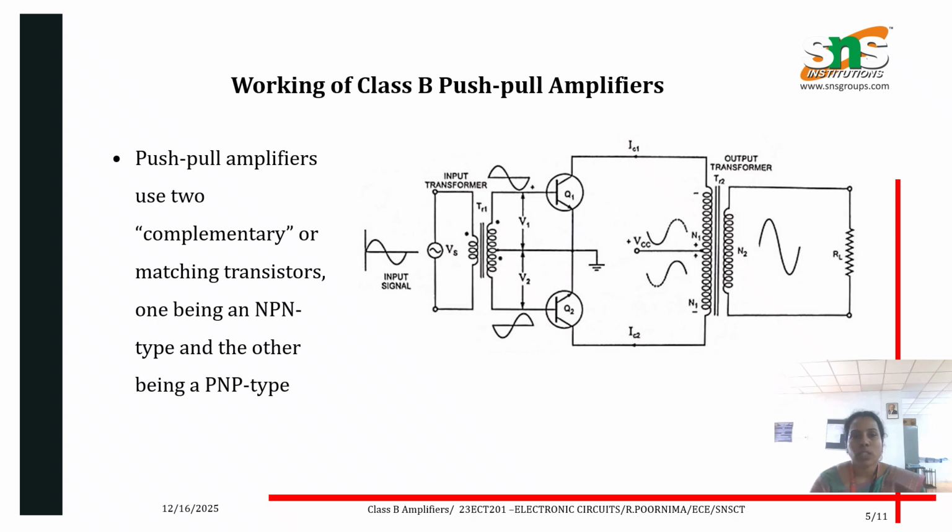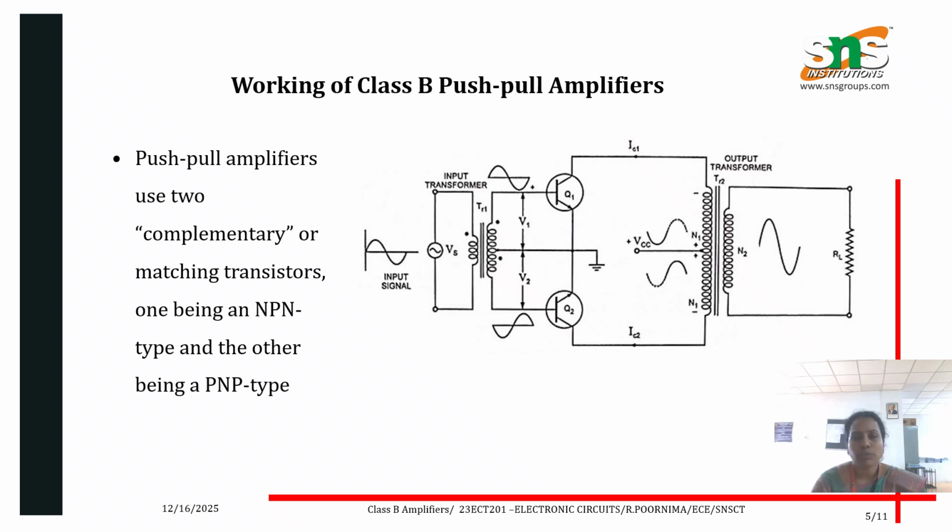Let's see the working of Class B push-pull amplifiers. Class B push-pull has two transformers. One is the input transformer, also known as the driver transformer, and the other, connected to the load, is the output transformer. At the input transformer primary side, the input signal is applied. At the secondary of the input transformer, transistors Q1 and Q2 are connected, where the positive half cycle is conducted by Q1 and the negative half cycle is conducted by Q2.